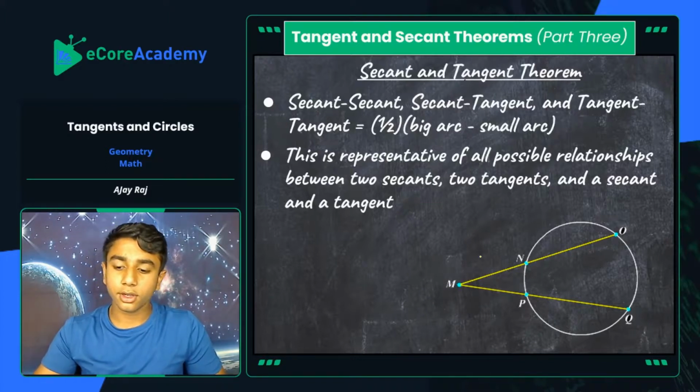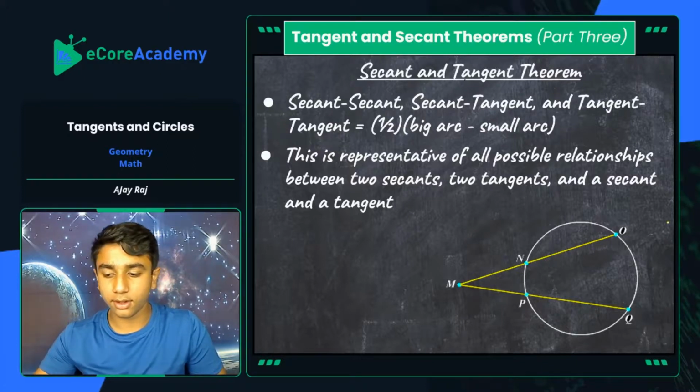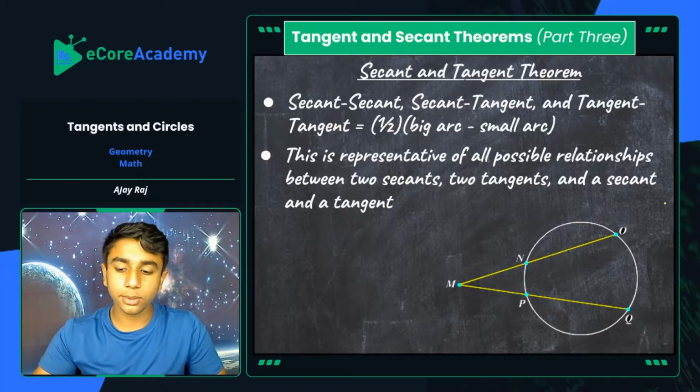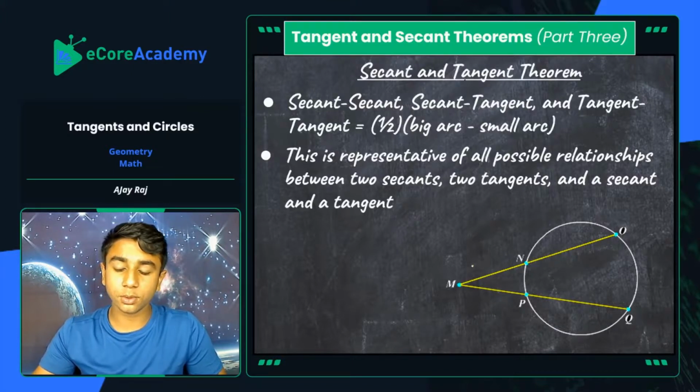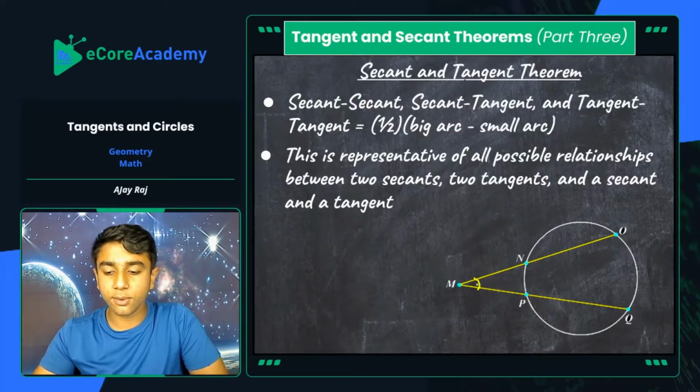So if you look here, our secants intersect at two different parts, and also they extend outwards for an infinite amount on these sides as well. They intersect two parts of the circle, N and O, and then P and G. What we're going to try and figure out is this angle right here, of the intersection between these two secants. We want to find out what this angle measure is.